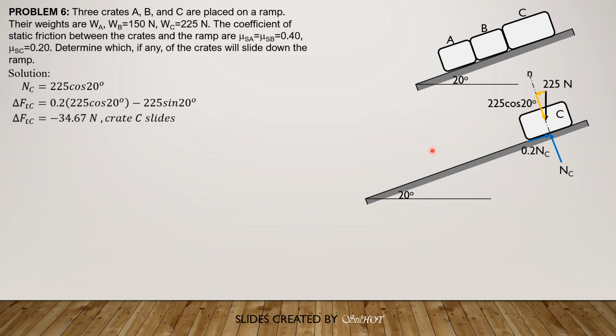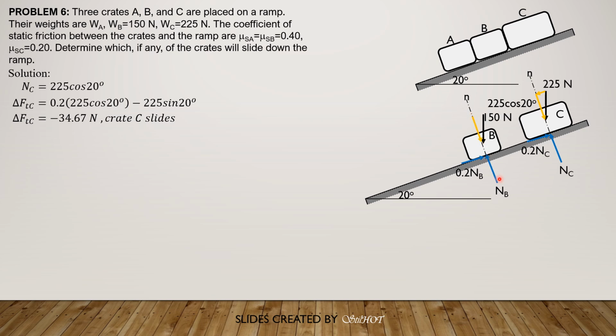And remember that the force that will push B, and A, or B in particular, will be this negative 34.67 newtons. So without this, block C will just slide, and it will transmit this force, which C tends to push on body B. So let's next analyze body B. Its weight is 150, and we have the normal at B, the maximum frictional resistance, which is 0.4 of NB, and the normal axis.